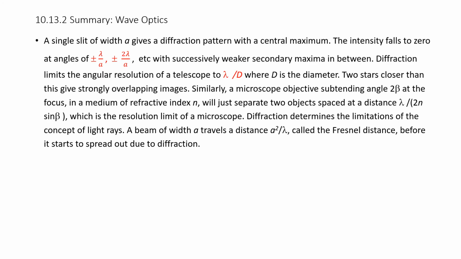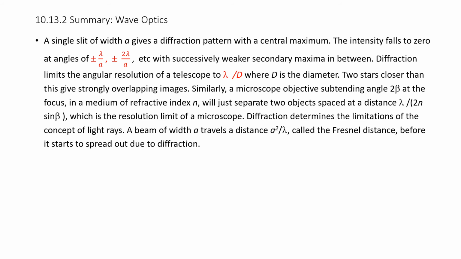A single slit of width a gives diffraction. Just now we have studied that the width of the slit is a, and it gives a central maximum. The intensity falls to 0 at angles plus or minus lambda by a, plus or minus 2 lambda by a.